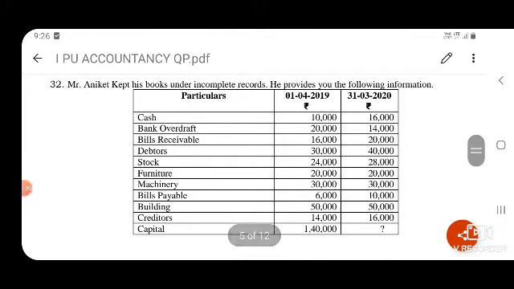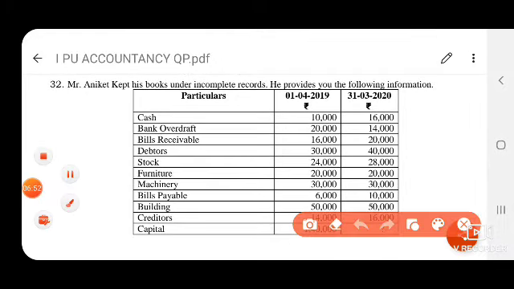Now next, Mr. Ankit kept his books under incomplete records. He provided the following information. See, first, under single entry system, you have to ascertain the opening and closing capital with the help of opening and closing balance. Now you have to separate assets and liabilities here to find out opening and closing capital.